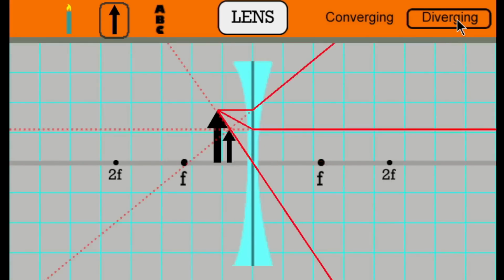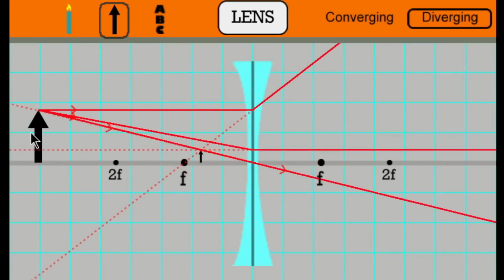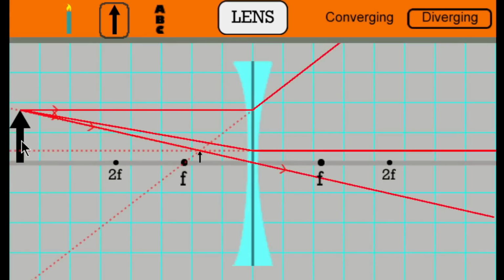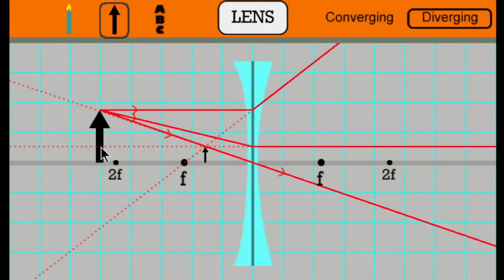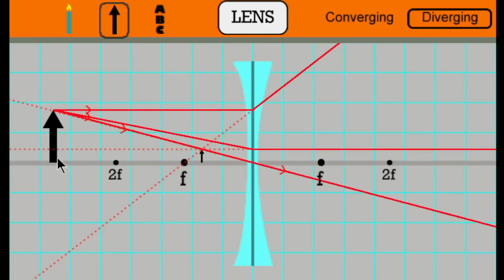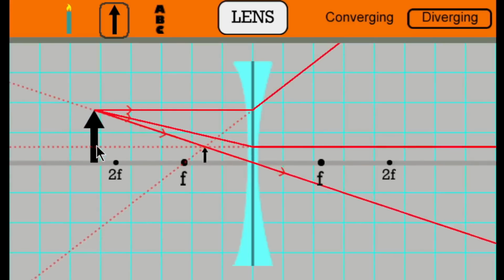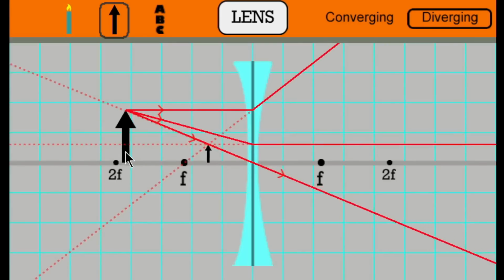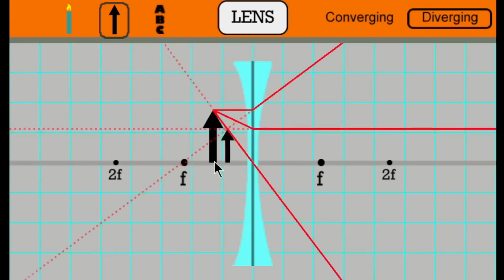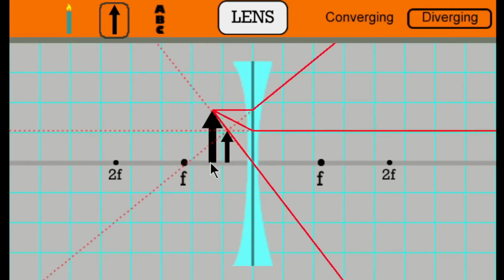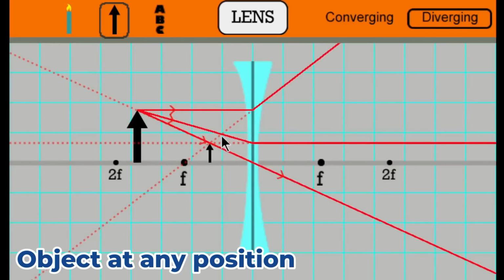Let's go to diverging lenses or concave lenses. Anong mapapansin natin dito? You will notice that wherever you place your object, so as you can see, I'm sliding it towards the right, the image is located at the same place and it will have the same orientation and nature. So it will always be smaller than your object.